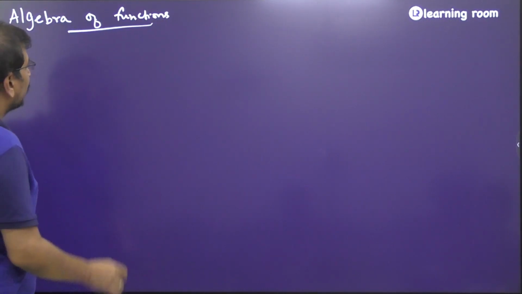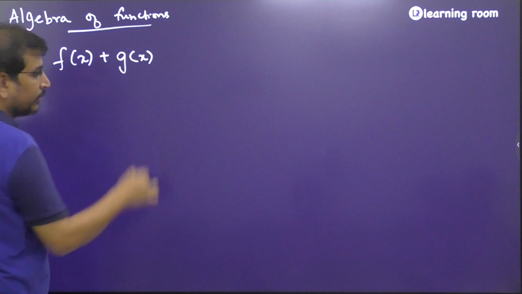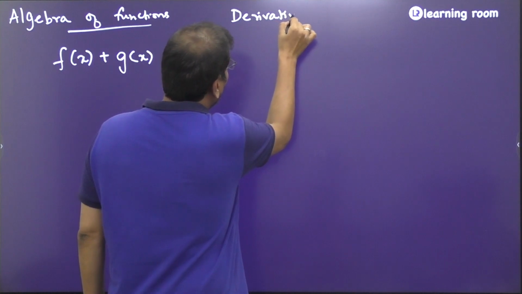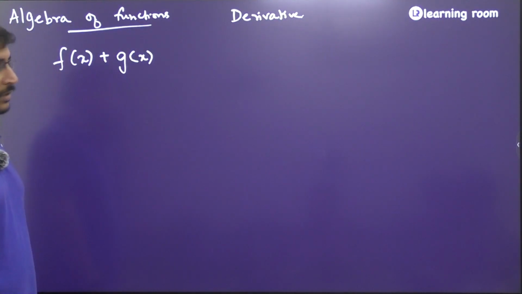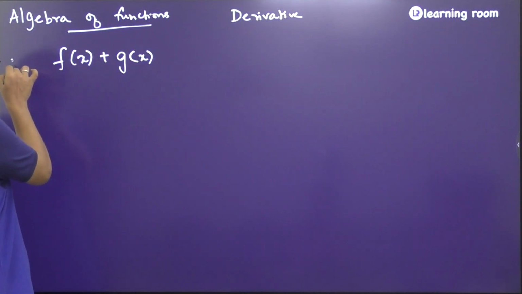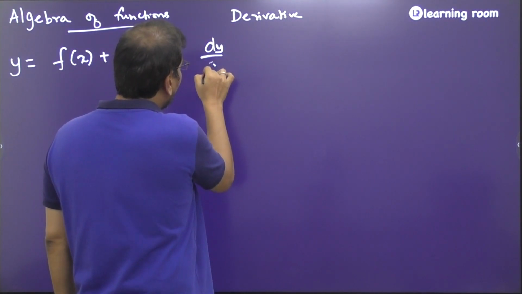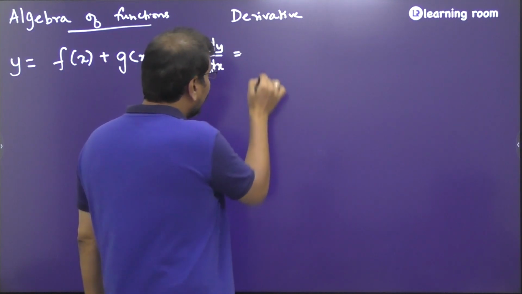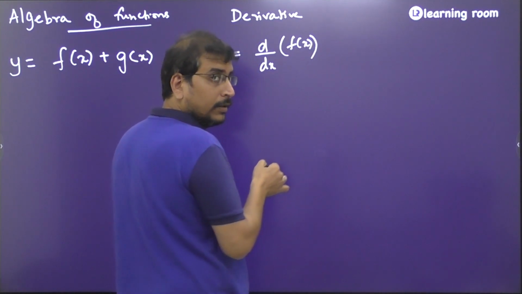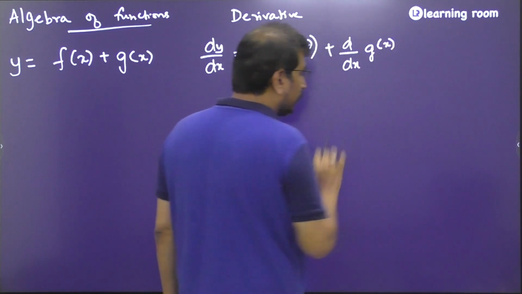Suppose I have a function f of x plus g of x, and I am interested to find the derivative of it. Let me call this f of x plus g of x as some y. Then dy by dx in this scenario is given as d by dx of f of x plus d by dx of g of x.